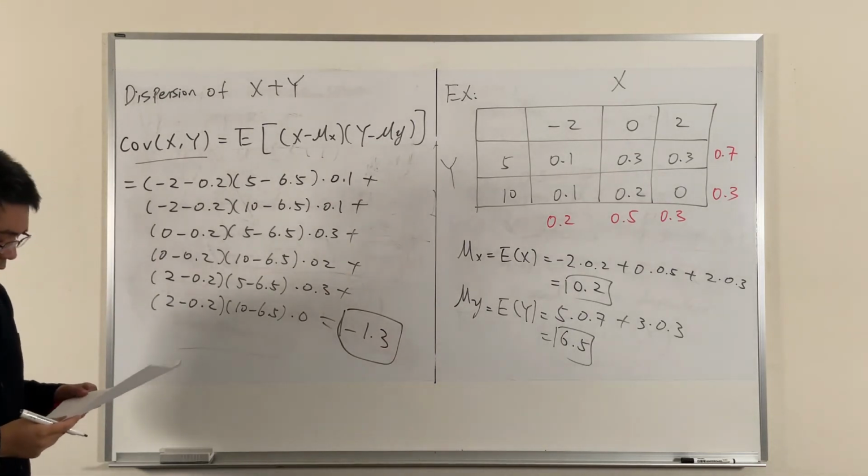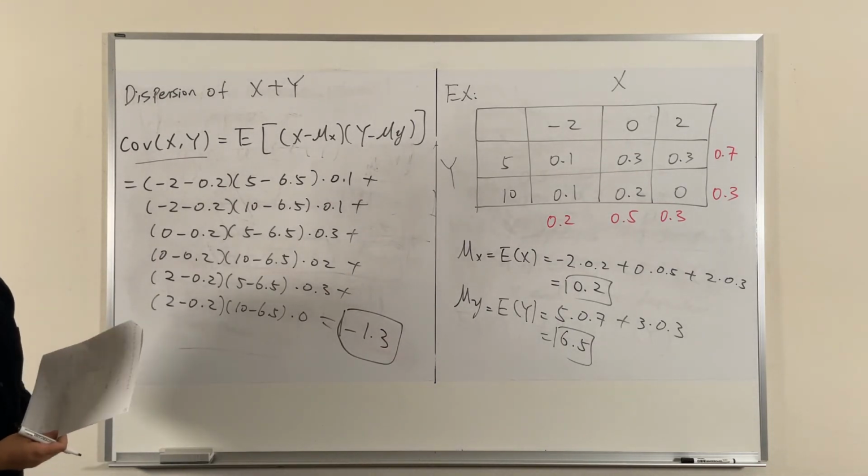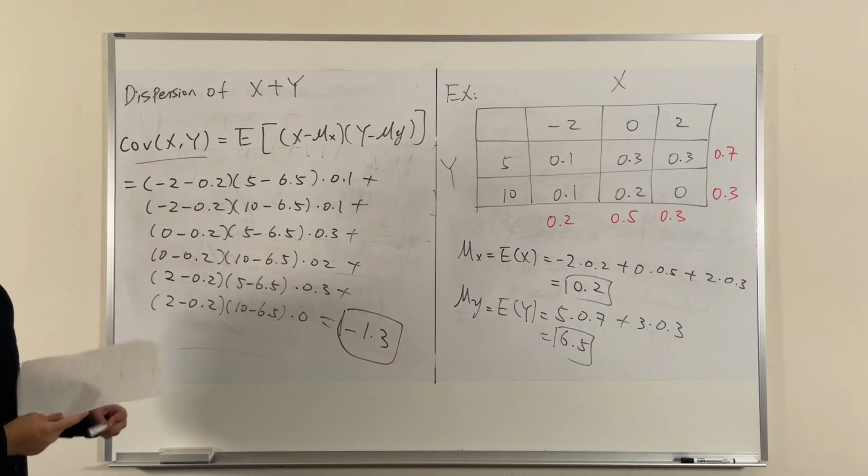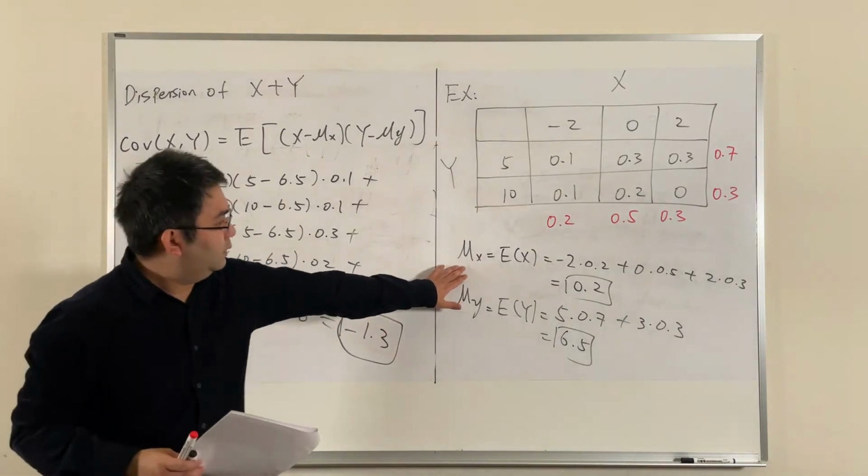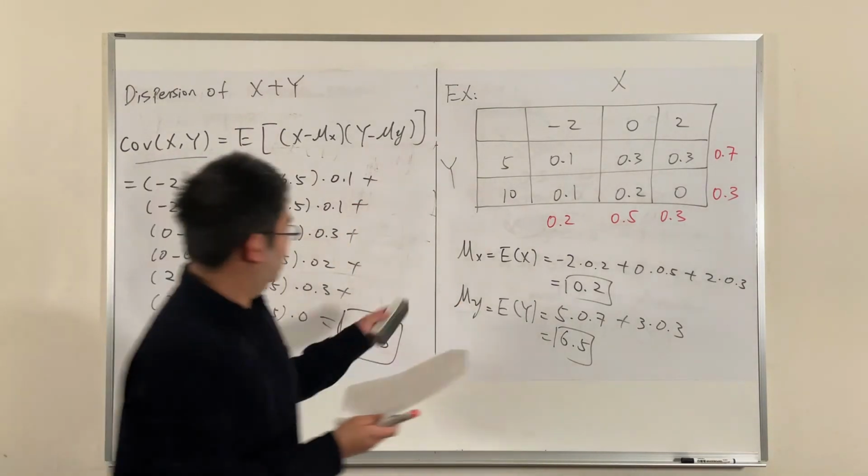Good. Next, we need to calculate the variance of x and variance of y. I'll do it here, and I still keep the table.